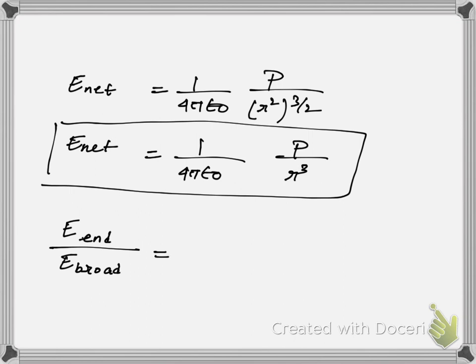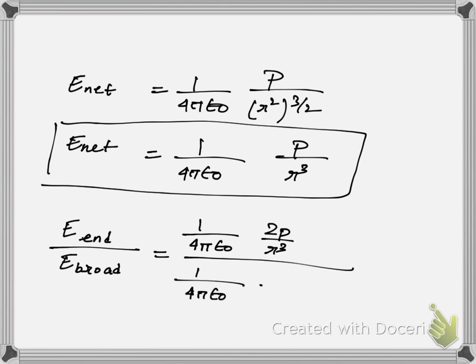As you may recall, the expression of E end on was 1 by 4 pi epsilon naught times 2P by r cube, and for broadside position it is 1 by 4 pi epsilon naught into P by r cube. So there will be several cancellations: 1 by 4 pi epsilon naught, P and P, r cube and r cube. So E end on is to E broadside as 2 is to 1.